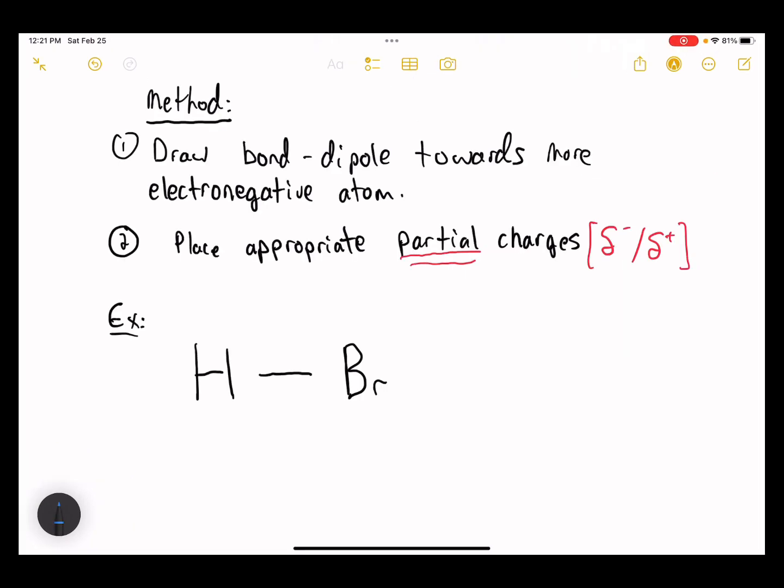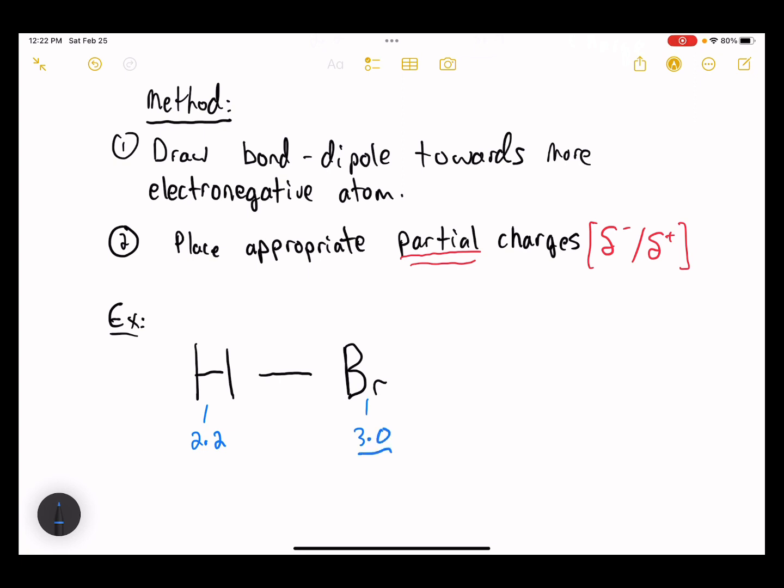So in terms of the overall method, the first thing you do is draw your bond dipole towards the more electronegative atom, which makes sense because that's the one with a greater pull on the electron. Then you place partial negative and partial positive charges where appropriate. Let's say I take hydrogen and bromine, for example. Hydrogen has an electronegativity value of 2.2 and bromine is about 3.0.